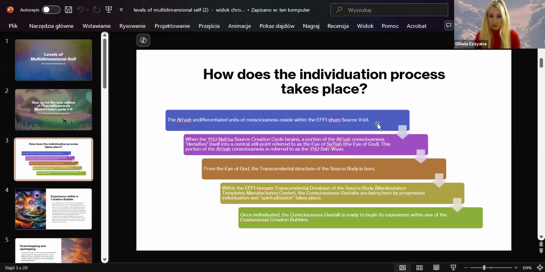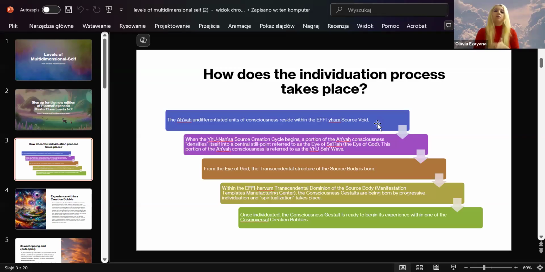When the Unasa source creation cycle begins, a portion of the Aya consciousness densifies itself into a central still point, referred to as the eye of Sarah, the eye of God. This portion of the Aya consciousness is referred to as the Yusa wave. So from that Ephium source void, a certain portion of this Aya consciousness units kind of, let's say, densifies itself into a certain still point, and this still point is referred to as the eye of Sarah or the eye of God.